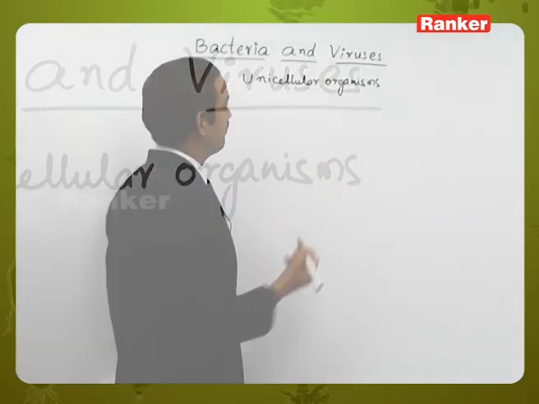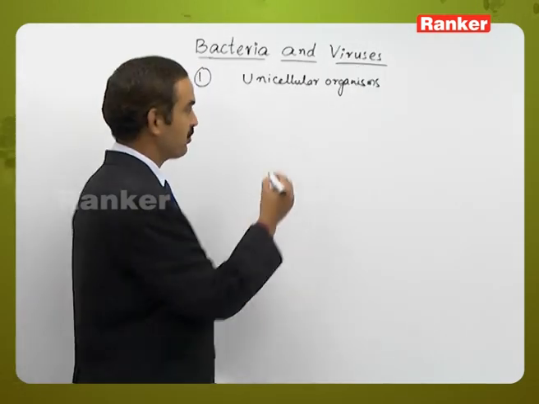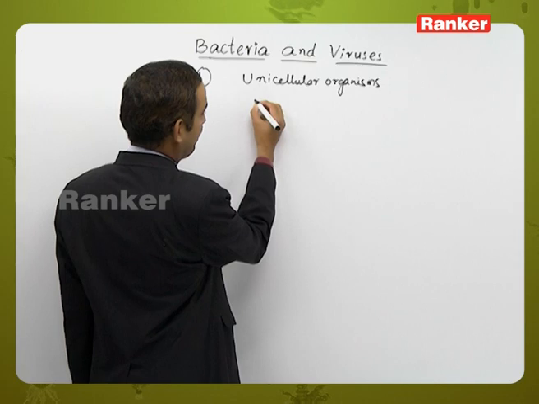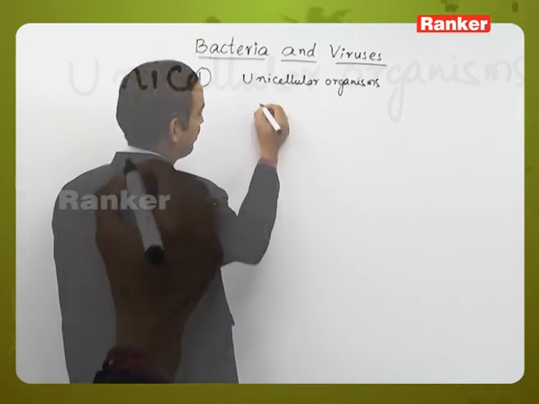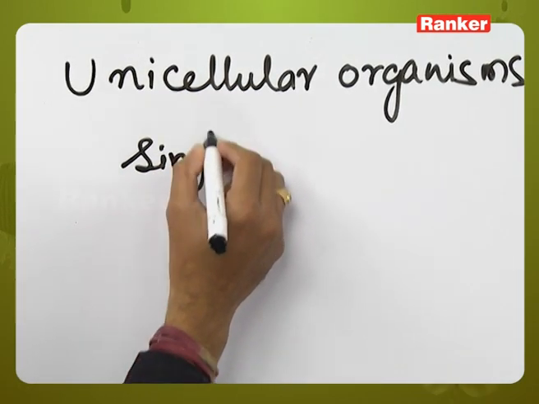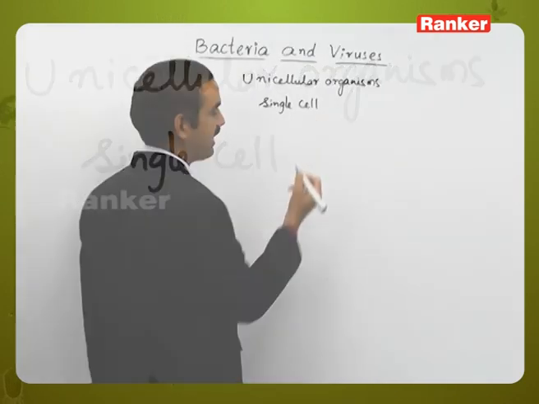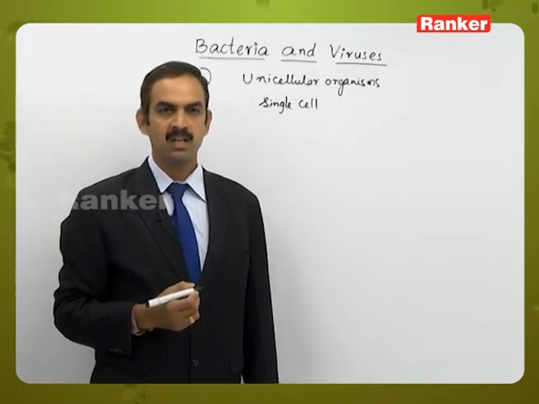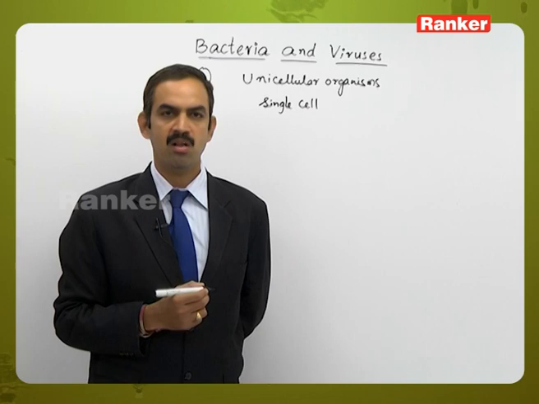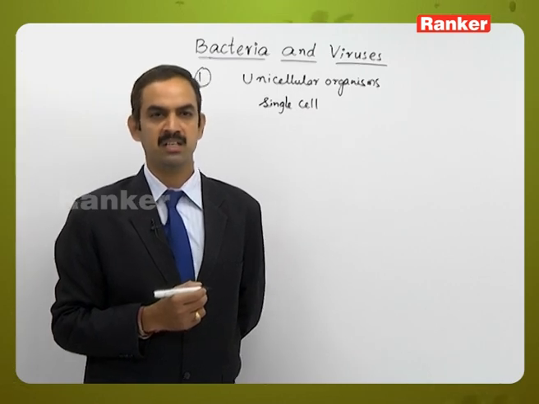Unicellular organisms are made up of only a single cell; that is, the entire body is made up of only one cell, and that single cell performs all the functions related to a living organism.